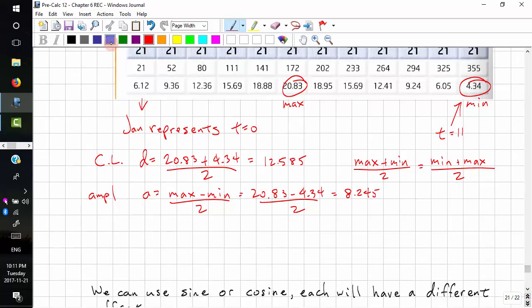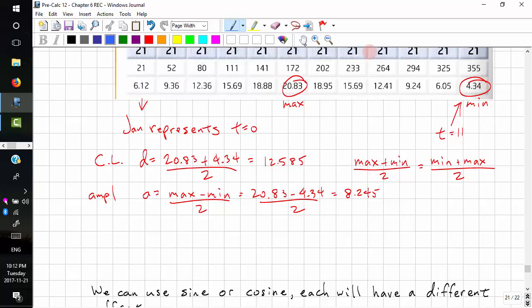Okay, here's something you need to infer. We don't know what the cycle is. We don't see it repeat anywhere. We see a 6.12, we see 6.05, that's close. However, this is going up and this is going down. So it means that this one goes up and connects to there.